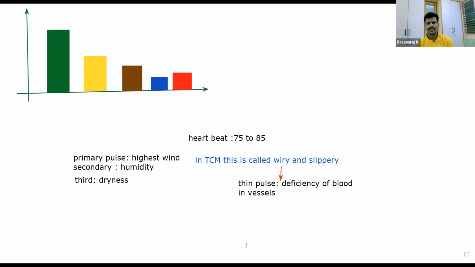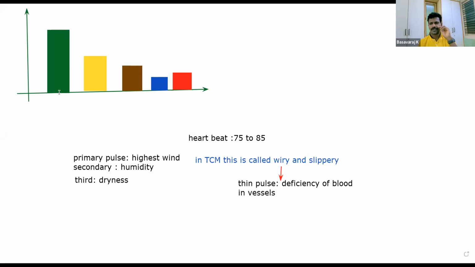When you touch the radial artery, the thickness won't be much. Whenever you get the wind pulse, the wind energy indicates a deficiency of the blood or essence, especially in elders. If you get the same pulse in a child below 12 years, just consider it normal.